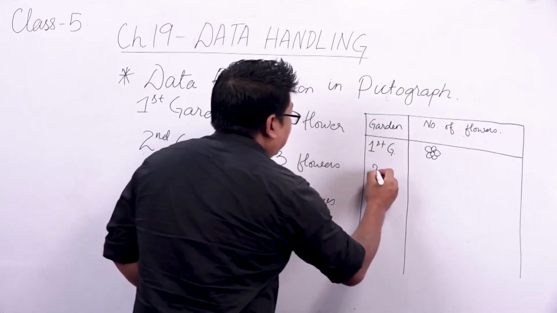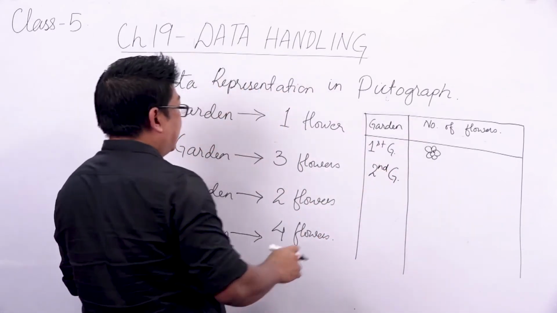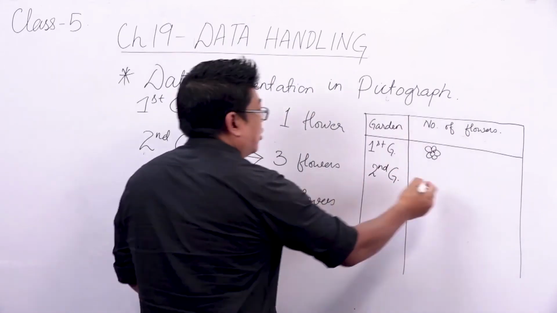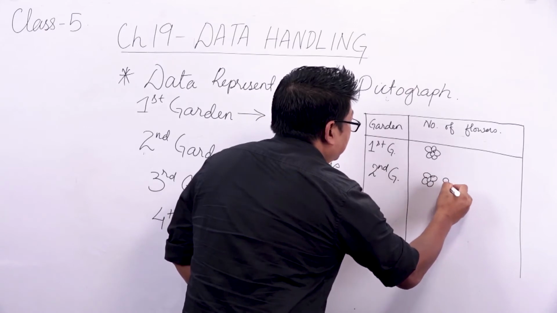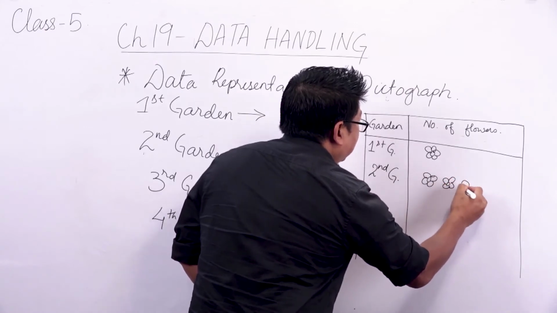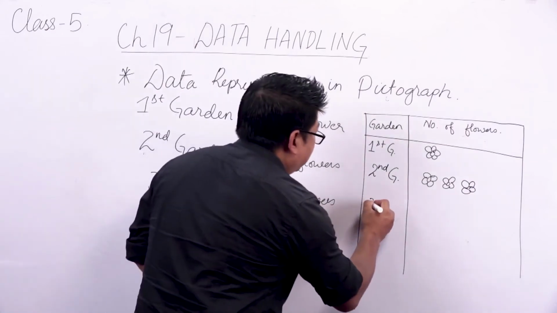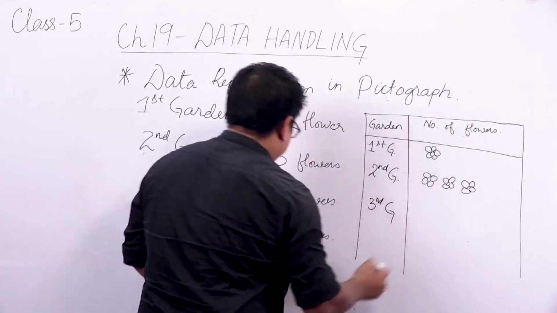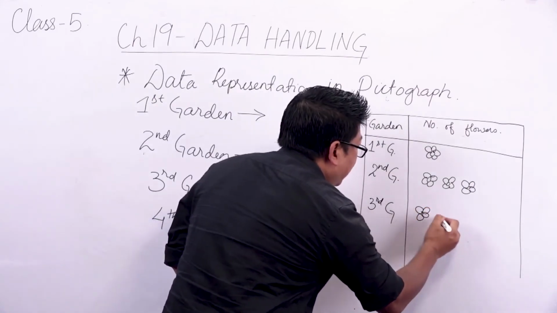In the second garden, this G, I'm writing short for garden, 3 flowers. So we will draw 1, 2, and 3 flowers. Similarly, in the third garden, we have 2 flowers, so we will draw only 2 flowers here.